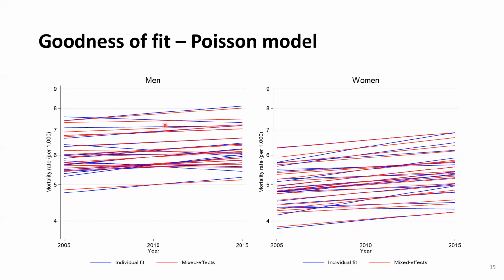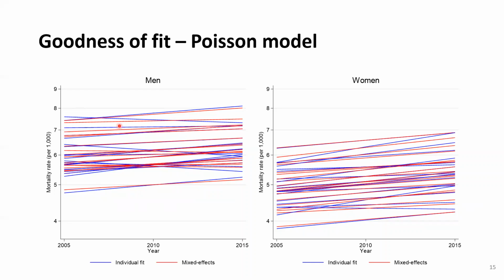The blue line shows the individual fit, meaning I fit the Poisson model for each city. For city 1, I run a Poisson model. For city 2, another Poisson model, and so on. And I got this linear line. This is a kind of observed trend, which is the same as the line we saw previously.